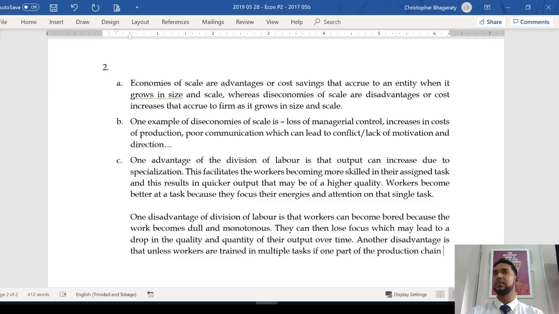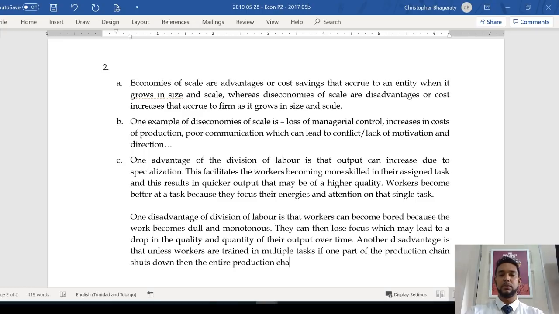I don't want to use falls apart. So if one part of it shuts down, then the entire production chain shuts down. And of course, what happens then? There is no output.